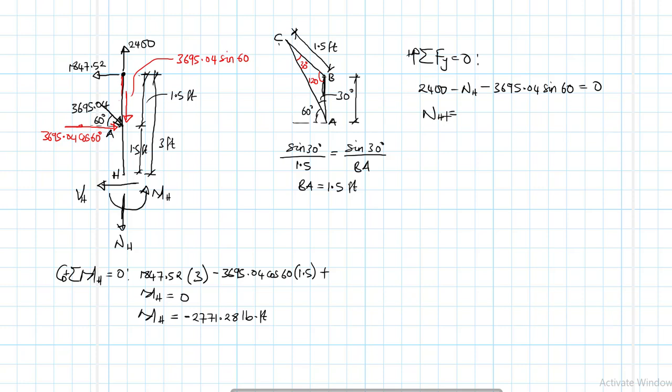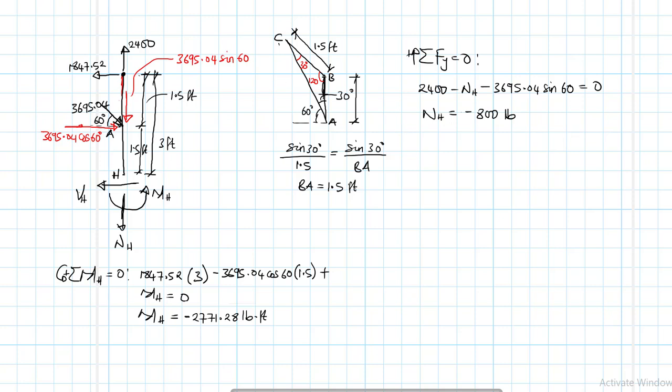Therefore our NH is going to be equal to 2400 minus 3695.04 sine 16. Alright, so NH is going to be equal to 800 minus 800, right? So this one is giving us minus 800 pounds. All right. So NH will have to face the other side, right?